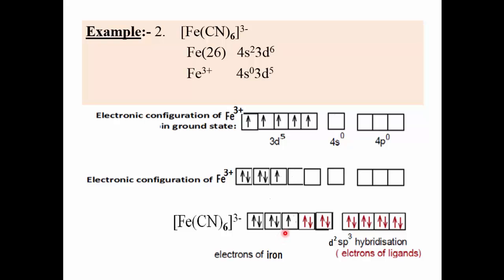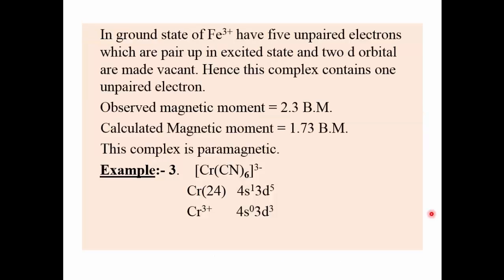See now, here one unpaired electron is present. See this: in the ground state Fe3+ has 5 unpaired electrons, which are paired up in the excited state and 2 d orbitals are made vacant. Hence, this complex contains one unpaired electron.